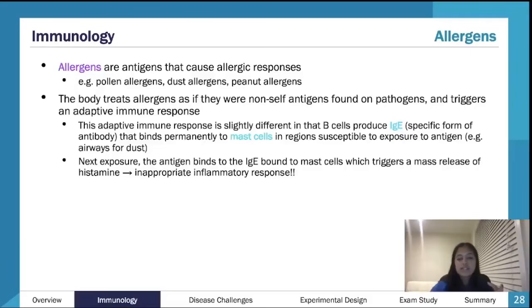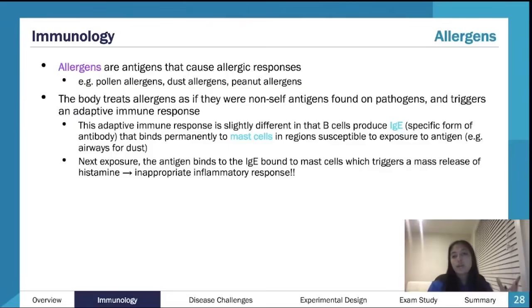So a lot of this stuff is quite similar, but what you have to realize with the allergic response is that you have this sort of priming. If we've got someone that's allergic to pollen, the first time pollen enters their body, our immune system kicks in. The same thing that happened with our clonal expansion, all of that will be specific to pollen.